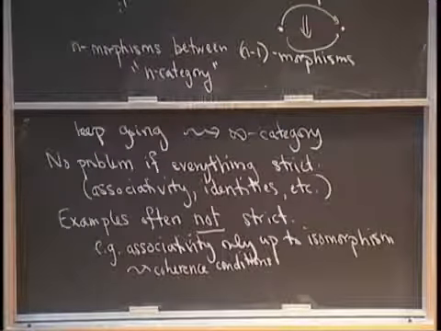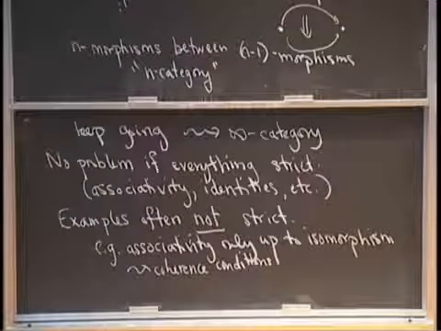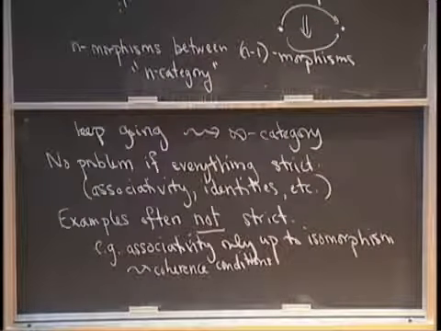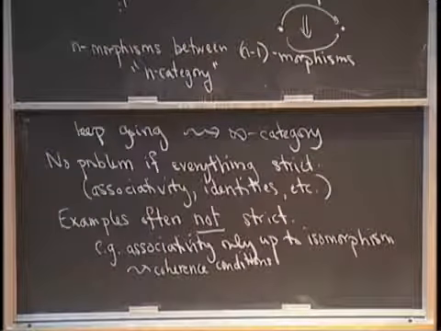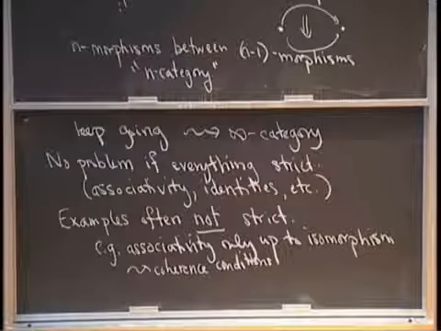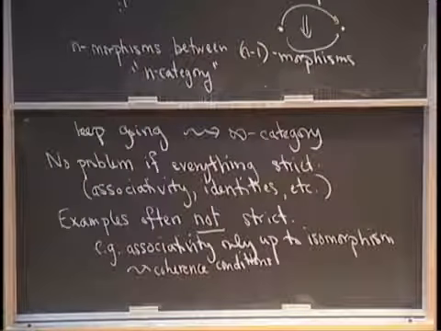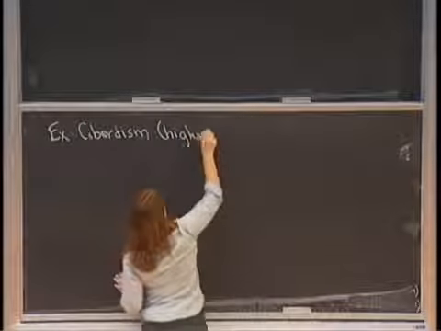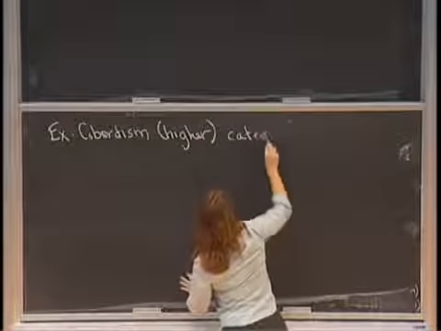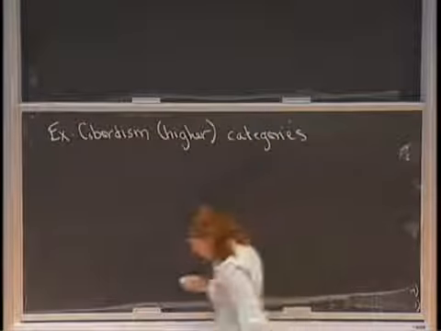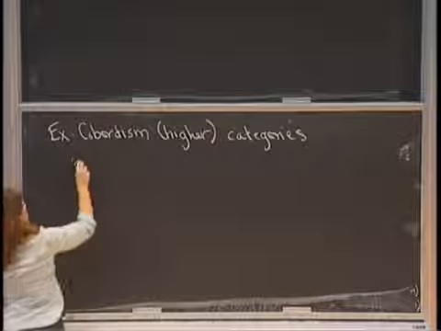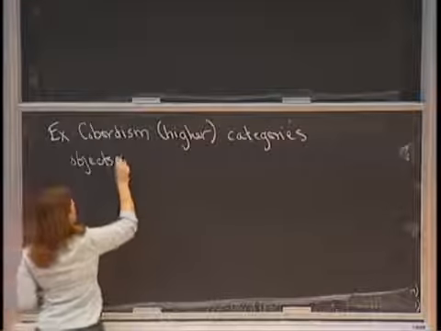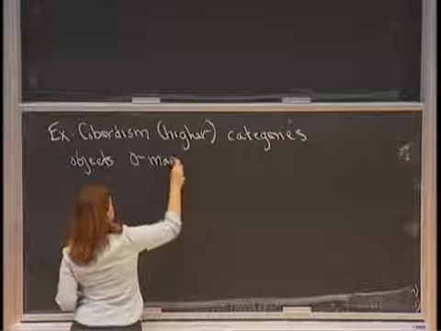So just an example that came up in the last talk is that of these cobordism categories. There are cobordism categories and there are cobordism higher categories. Let's take the most basic case where you have a category whose objects are zero-dimensional manifolds.